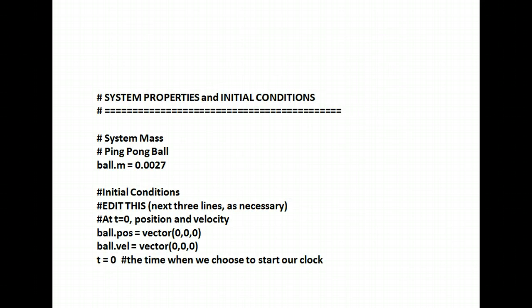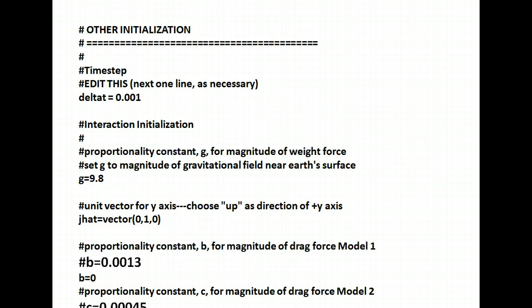Initializing your Python model, the ping pong ball mass is 2.7 grams or 0.0027 kilograms. The ball starts from rest with 0 position and velocity at t equals 0.